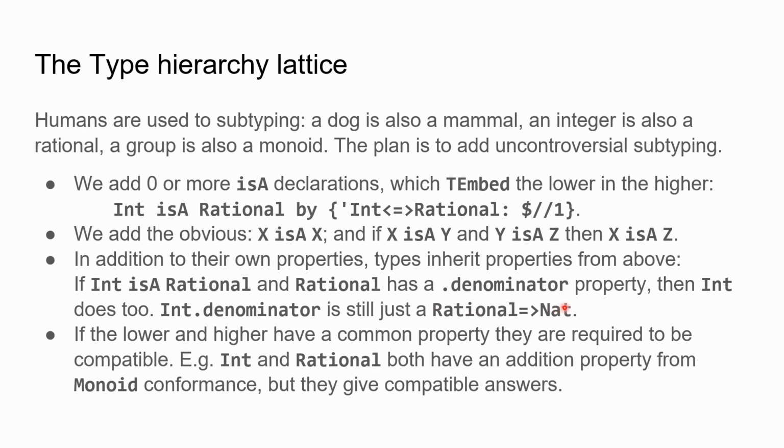Properties don't have to say anything about the thing that they're a property of. So in situations where the lower and the higher type have a common property, then they're required to be compatible. So int and rational both have an addition property from monoid, as we talked about, but their answers are compatible in an obvious sense, but it actually needs to be well defined what that means.